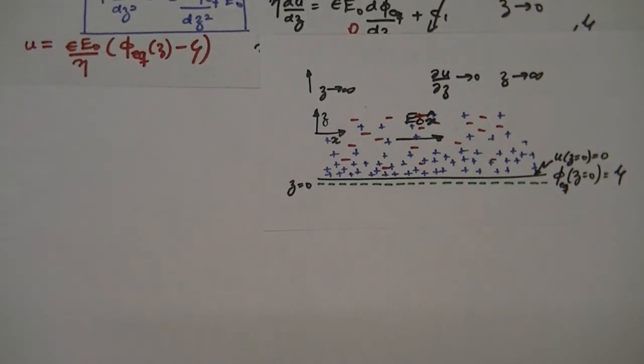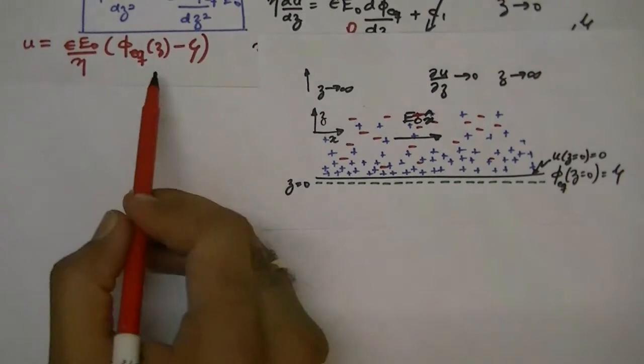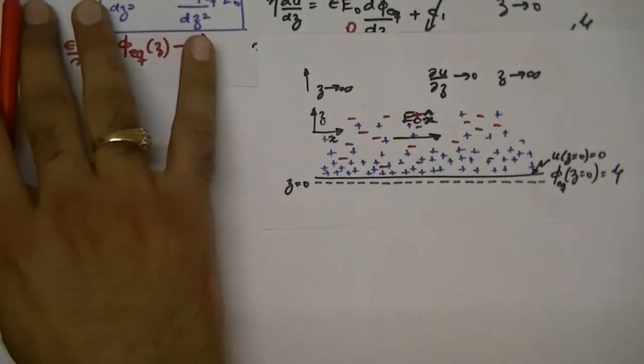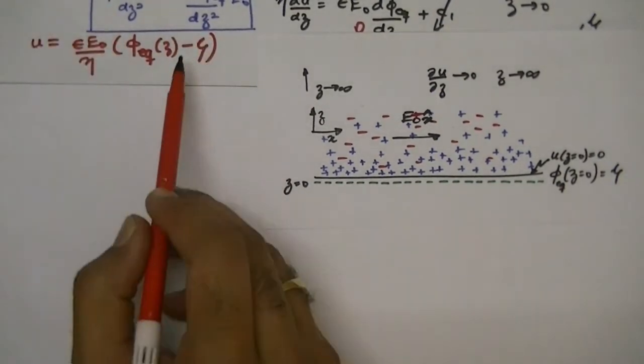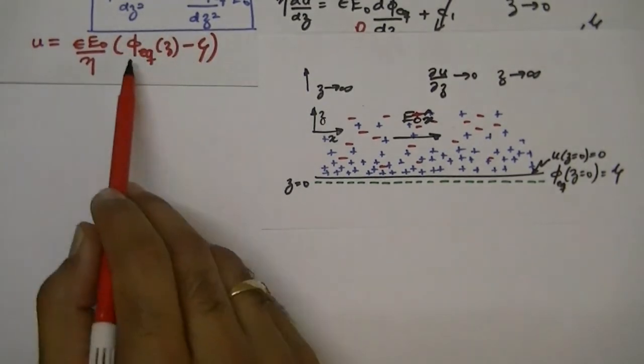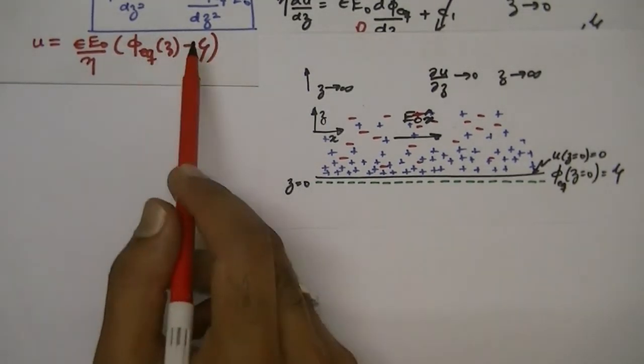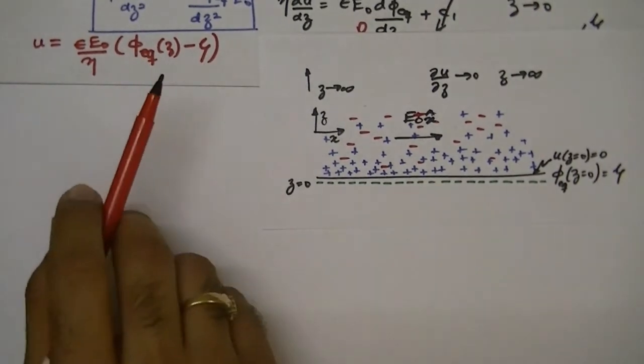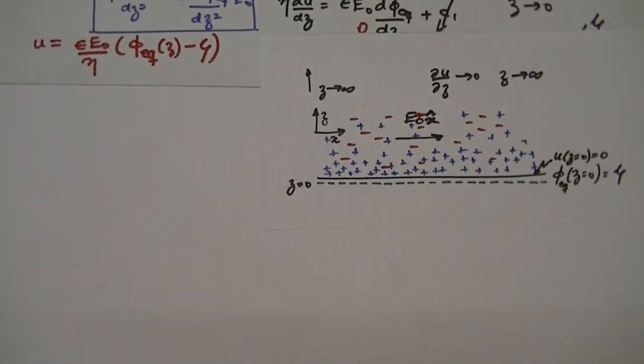Now note that to derive this equation, we have not made any assumption on the magnitude of zeta potential, and this relation is equally valid when zeta potential is small or large. That means we have not solved this only for the Debye-Huckel limit. It is a general solution.